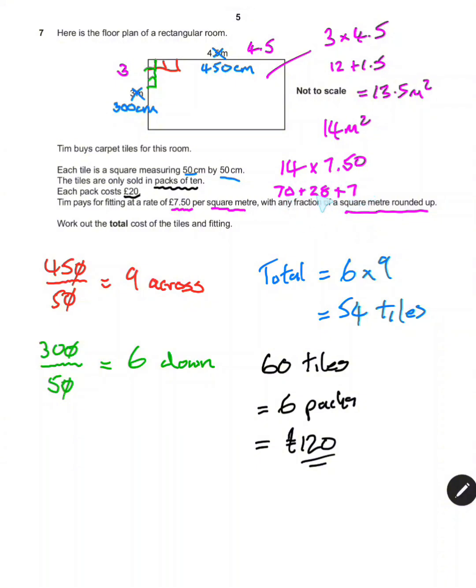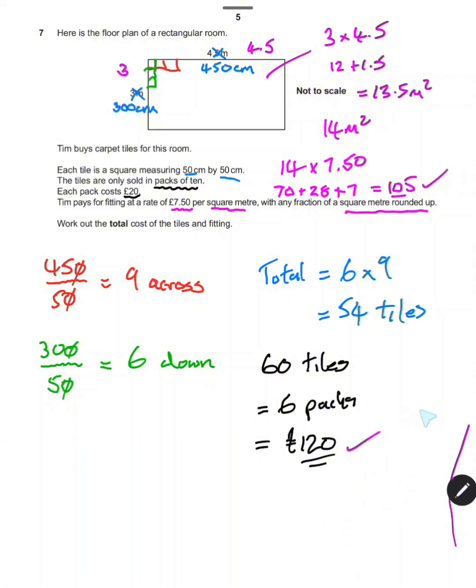If I add those together, I've done 14 times £7.50. It's like doing 7 times 14, which is 7 times 10 added to 7 times 4. And then I'll also add on a half of 14. 70 add 28 is 98. Add 7 is 105. This is the cost of the fitting.